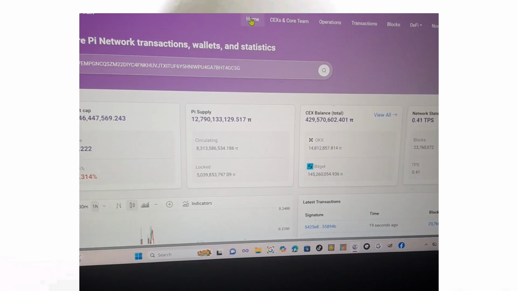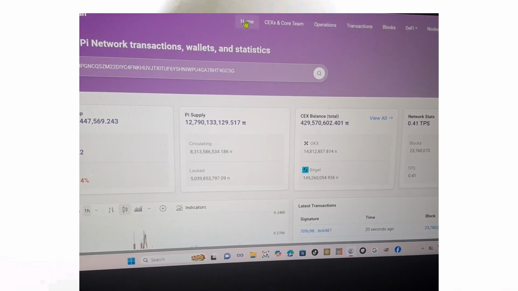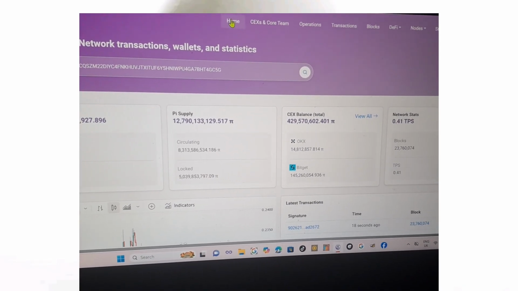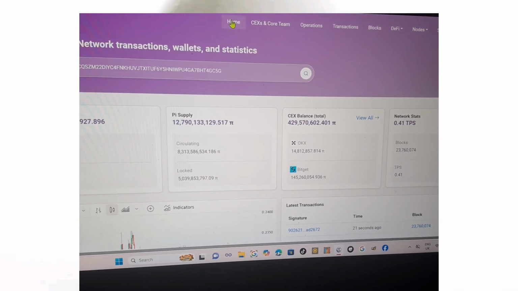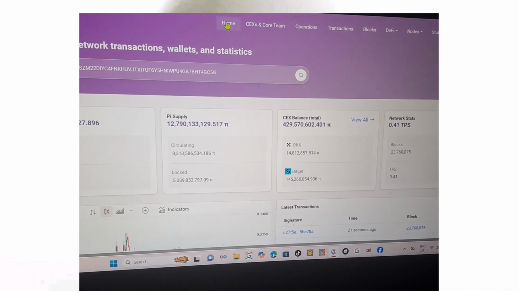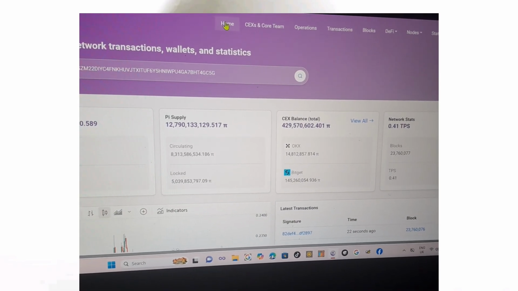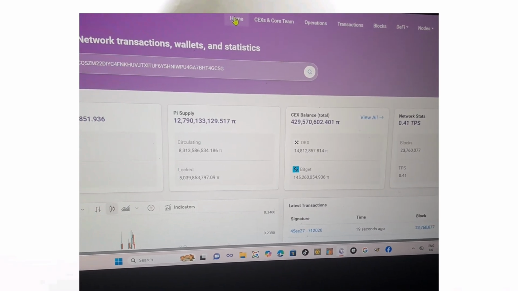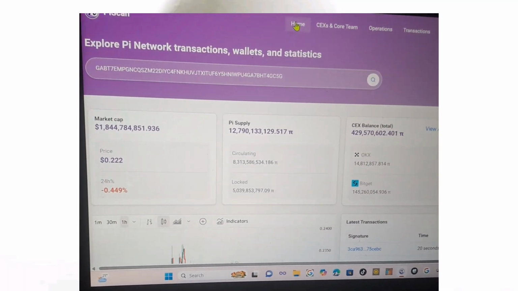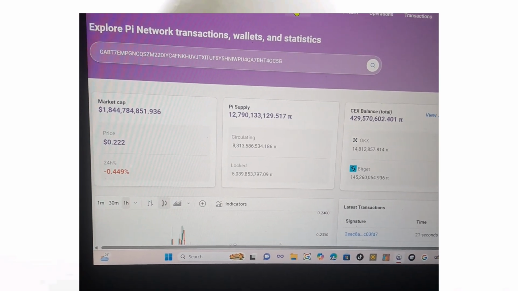With this tool, you're able to explore the Pi blockchain, and also you are able to track every activity that is happening in the Pi blockchain, all the transactions, the migrations, and everything, the nodes, the active nodes, the blocks, everything, the amount of Pi in DEX exchanges, what is happening there, the inflow, the outflow, everything can be tracked here, including the price of Pi. Okay, and therefore this is a very important tool. So let's go into it.